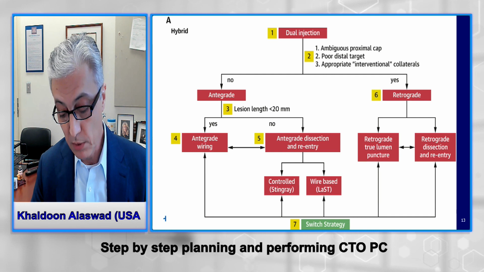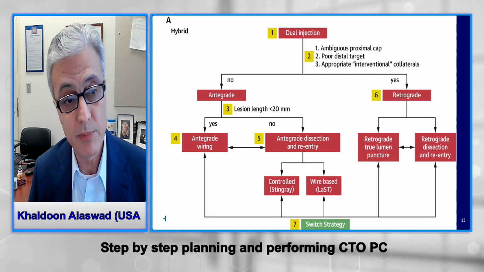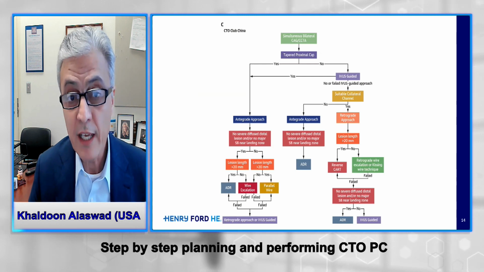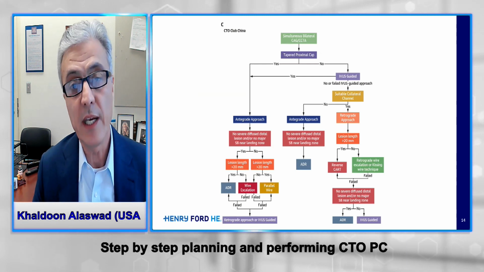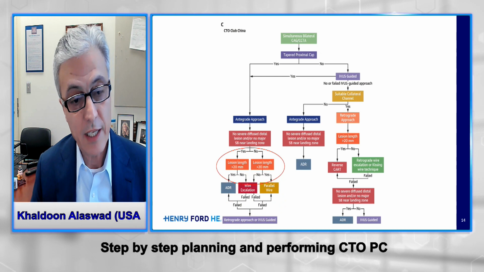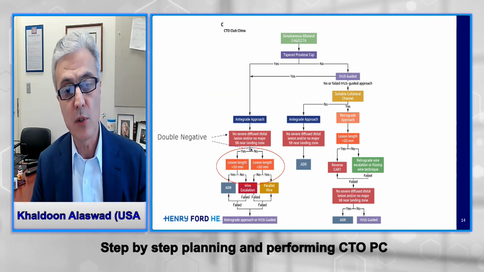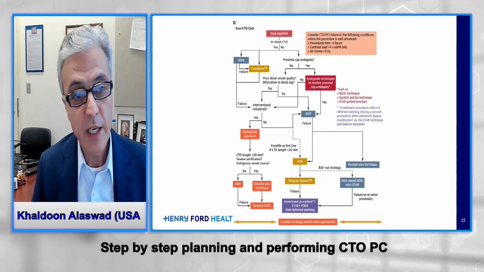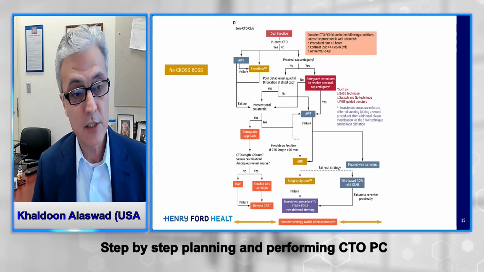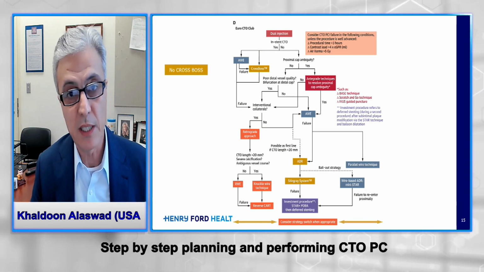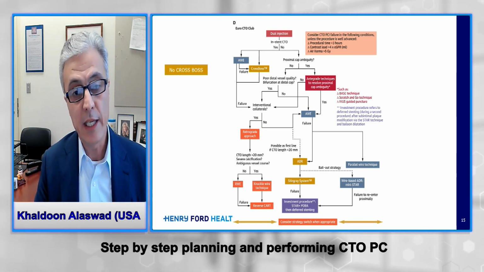There are multiple schemes that have been developed. This is the first one, called the hybrid. There is CTO Club China. There is a little bit of confusion in these, like in here there is above 20 and less than 20, and there are double negatives, so it's more confusing. The Euro CTO Club has an obsolete item, no crossbus. Nobody uses crossbus anymore in the ADR.